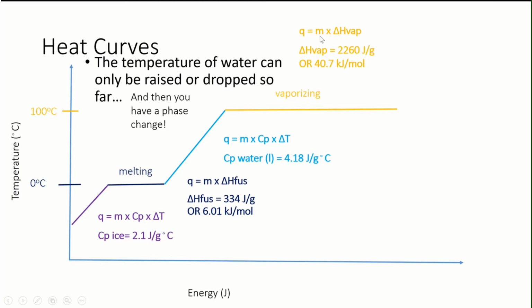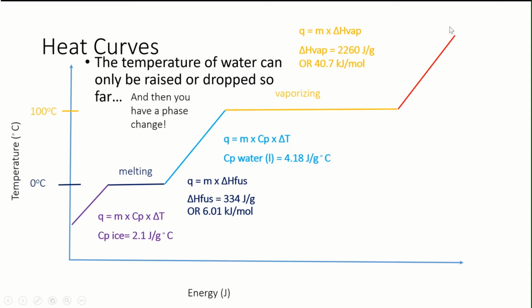Again, that formula is the same as the formula to melt the ice. We're looking for the amount of energy. We use the mass times the delta H vap. Again, this will be given to you, but make sure you remember, if you're vaporizing, you have to use the delta H vap. And then watch your units. You'll have two of them given to you. It's either 2260 joules per gram or 40.7 kilojoules per mole.